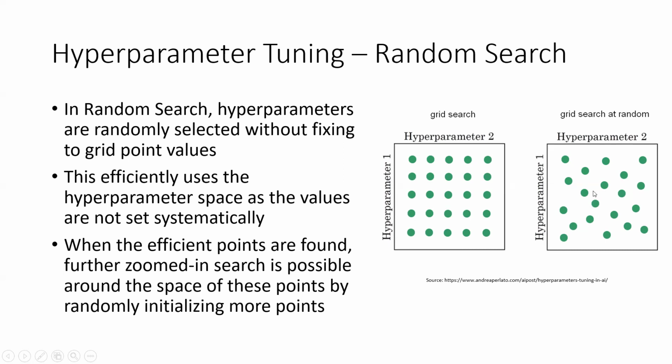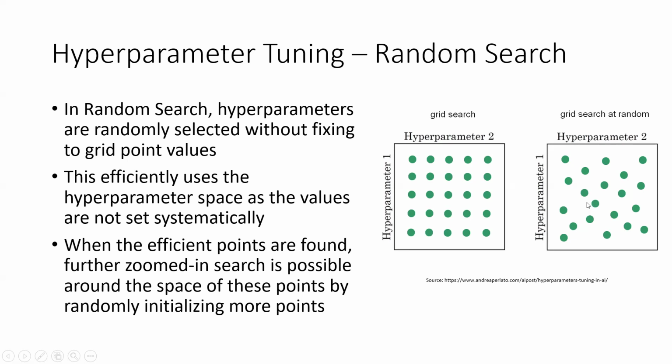So you can add more data points around this point, creating random values around it, and then you can find exactly at which point you have the best optimum combination of hyperparameter 1 and 2, and so on.